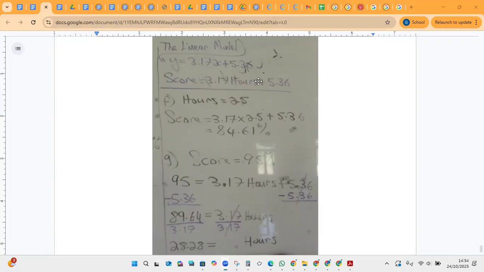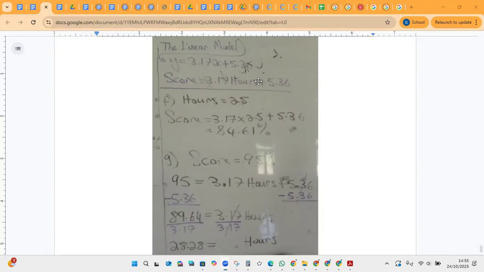Now, if you want a score of 95%, about how long should you study? You can estimate that by putting 95 in the place of score and calculating for hours. So 95 equals 3.17 times hours, because that's your unknown, plus 5.36. You have to apply a little algebra. You cancel out the positive 5.36 by subtracting. If you subtract on the right, you have to subtract on the left.